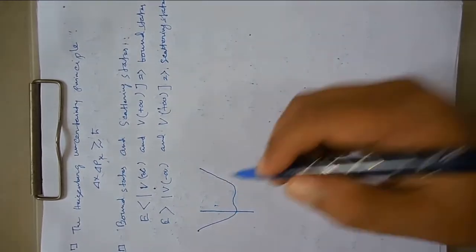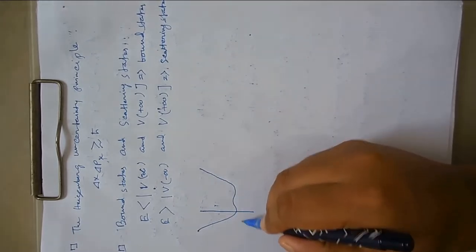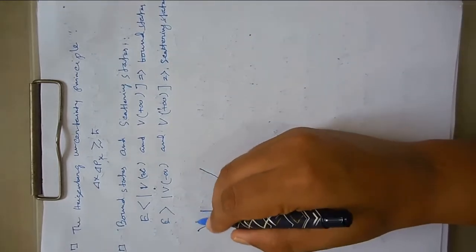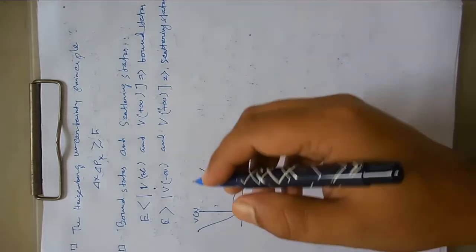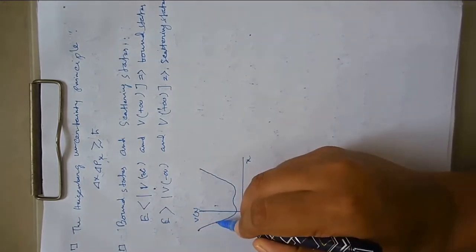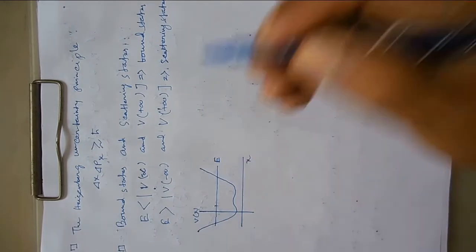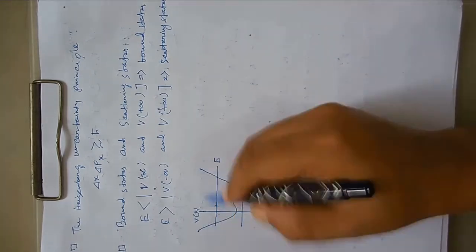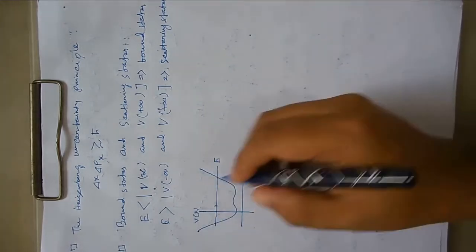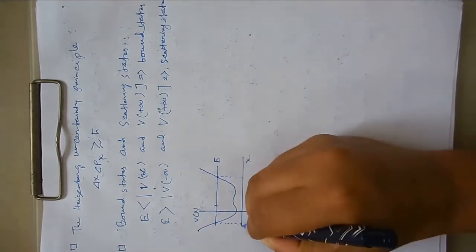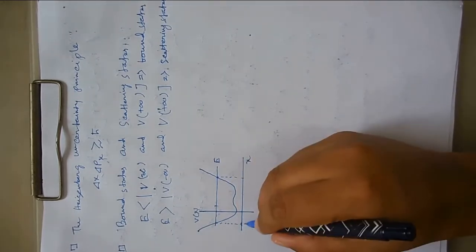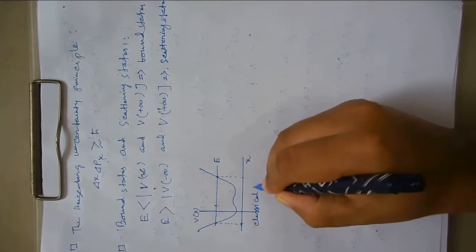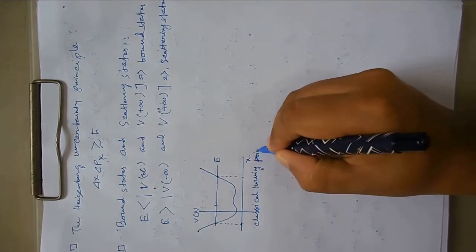Now if I draw the energy curve, and this is the x-axis, and this is the potential, and suppose this is the total energy, then we call this a bound state. These are the classical turning points.